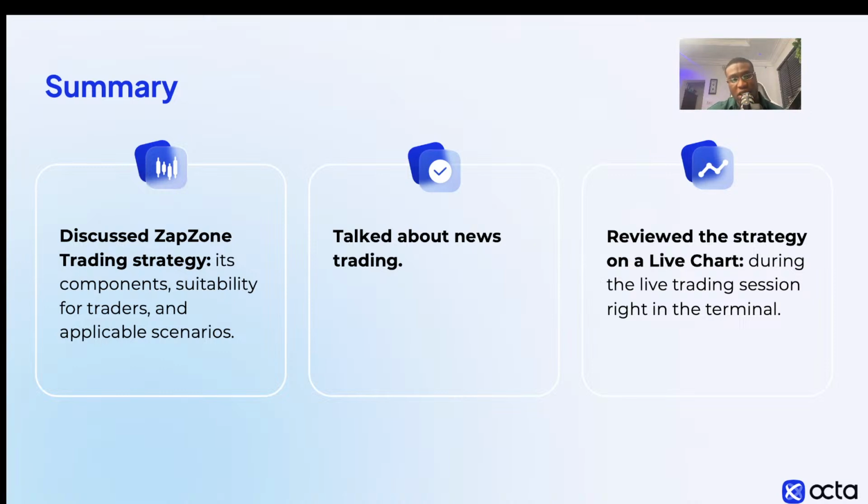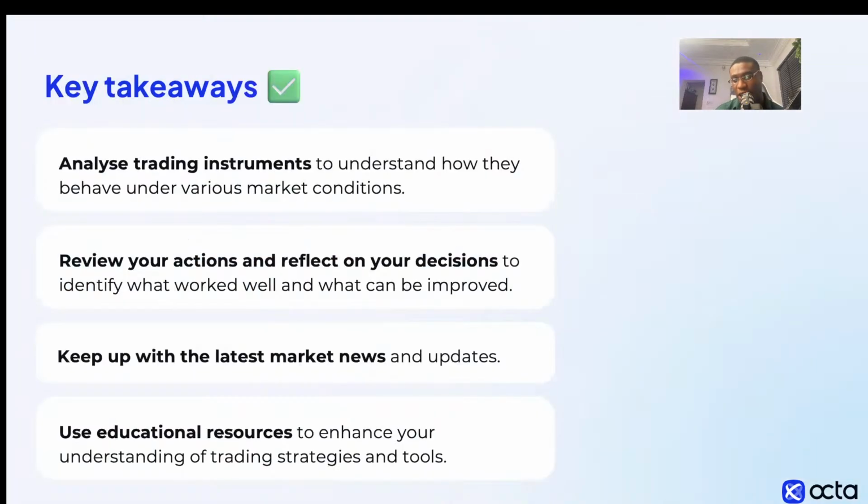We looked at the Zabzone strategy and its components, its sustainability, its suitability for you as a trader, and where you can apply this strategy. We talked about the steps to news trading, and we also looked at a brief analysis on GBPUSD on the Octa Trader Live chart. Okay, so if you have any questions, guys, this is your time to ask me your questions.